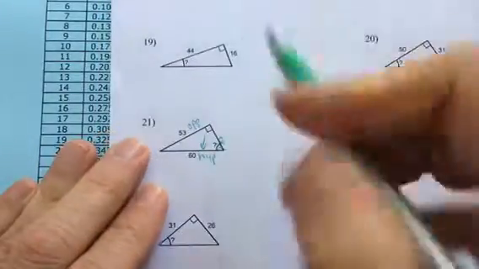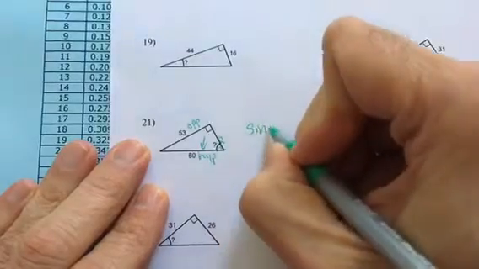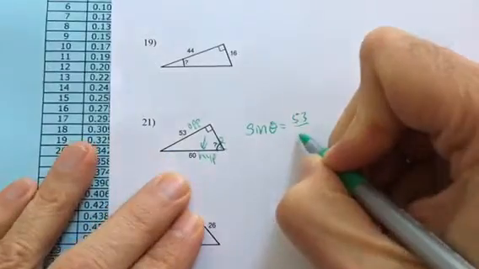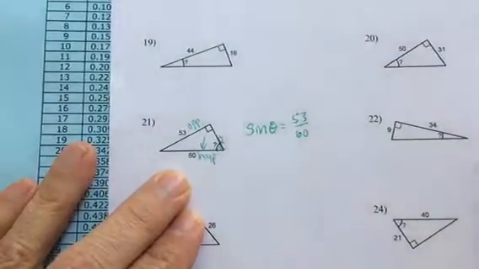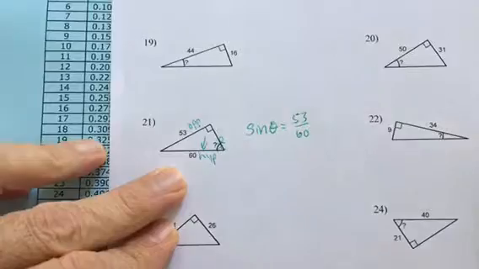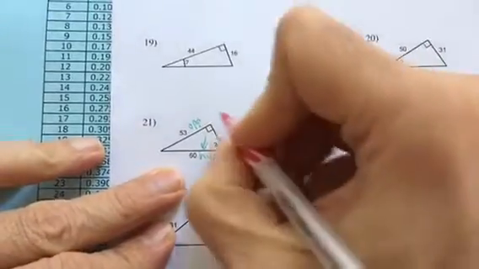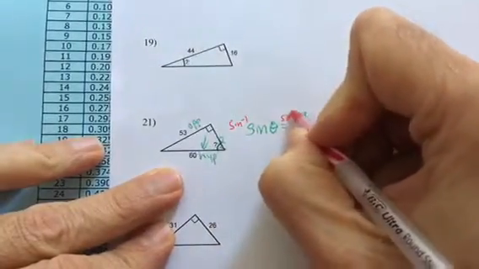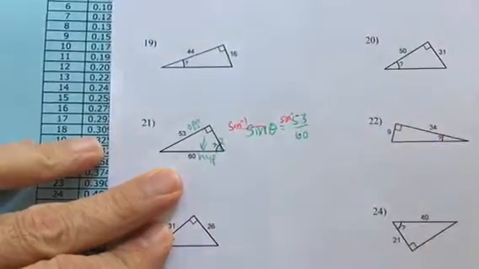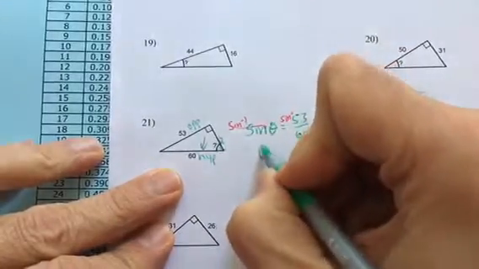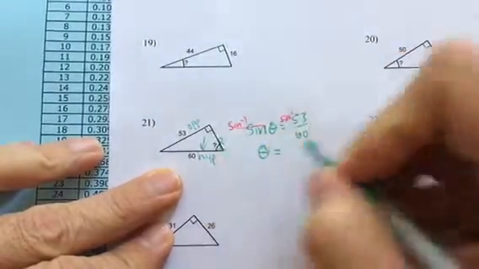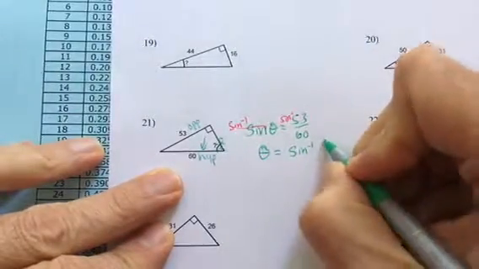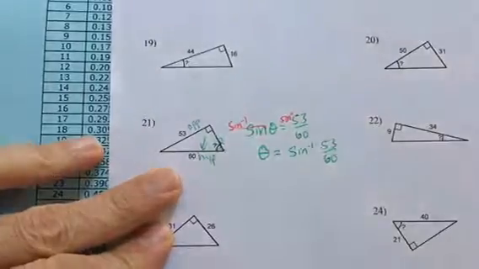Okay, the sine of my angle equals the opposite over 60. I want to get rid of the sine, so inverse sine. Theta, my angle, reference angle, equals the inverse sine of 53 over 60.